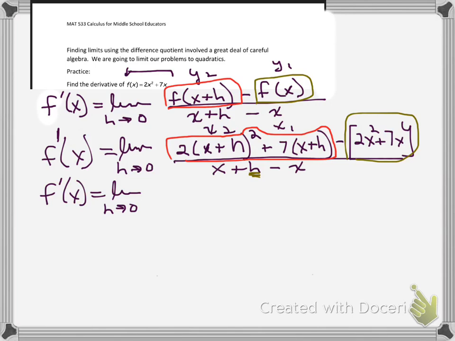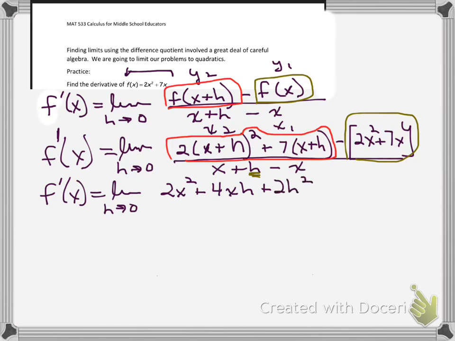I'm going to skip steps here just to conserve space. So when I do that, I end up getting 2x squared plus 4xh plus 2h squared.